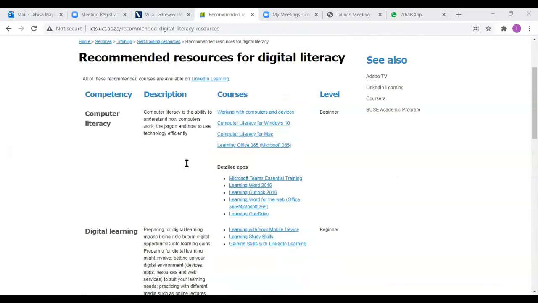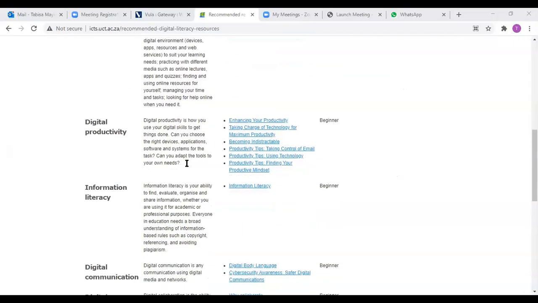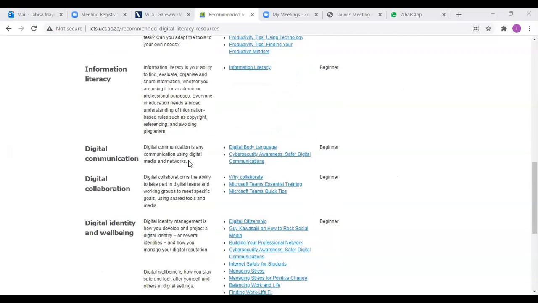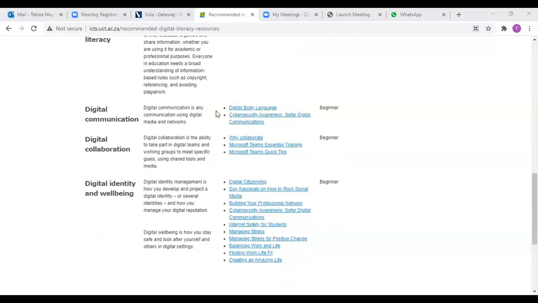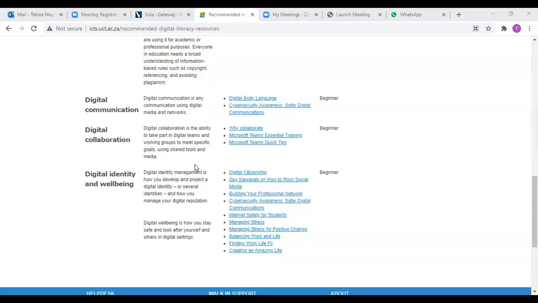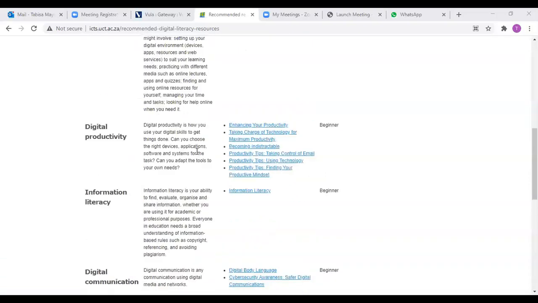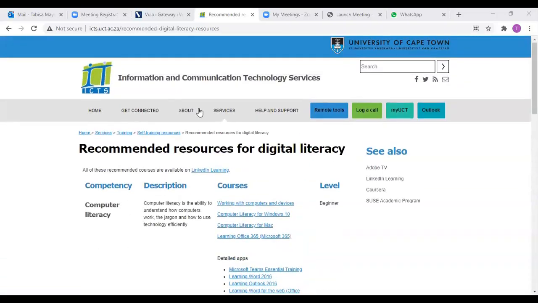So some computer literacy, digital literacy stuff, digital production and how they could go around that, information literacy, digital communication, and thinking about cyber security and all the NetKit stuff that we talked about, collaboration, and also thinking about their own digital identity and well-being. So it's quite a useful pool of resources.